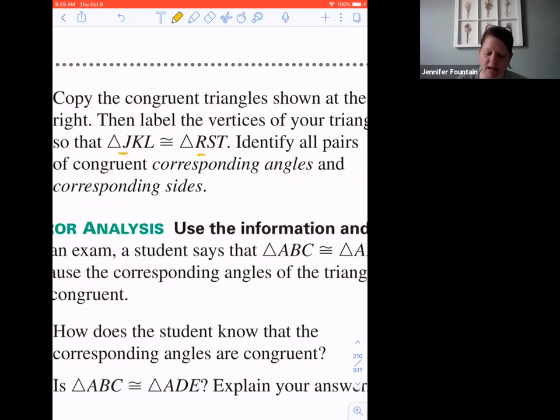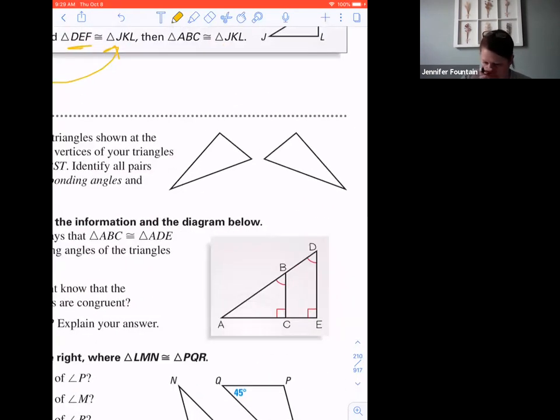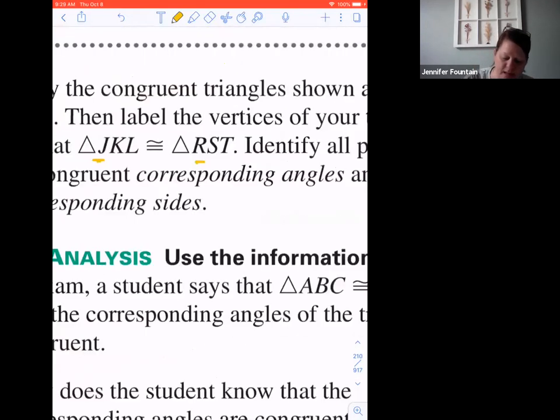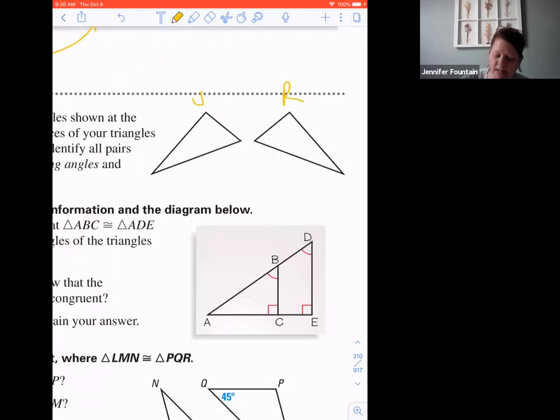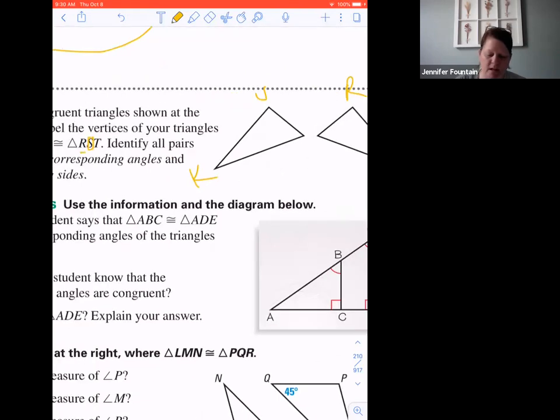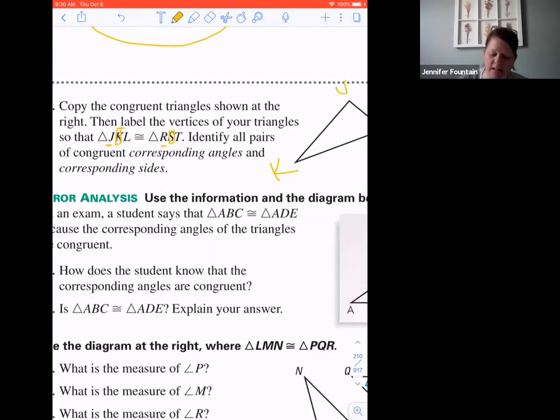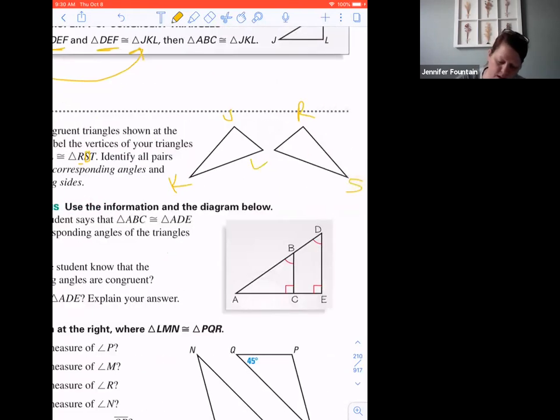So I'll name J my top point and R my top point. Then I know my next letters will be K and S, so I'll make this K and this S. And then we will have L and T, so I'll make this one L and this one T.